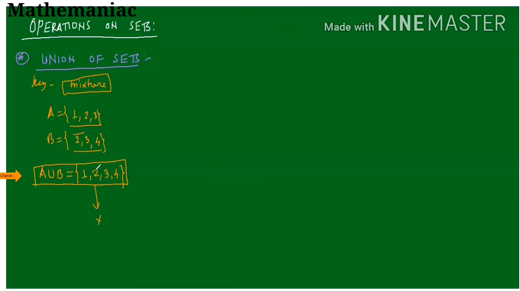It may be 1, it may be 2, it may be 3, it may be 4, but you don't know which it is because you picked it randomly. Now, will you be able to comment that x belongs to A? Very definitely no, because it may be 4 also. If it is 4, you cannot say that x belongs to A. You cannot even say that x belongs to B, right?